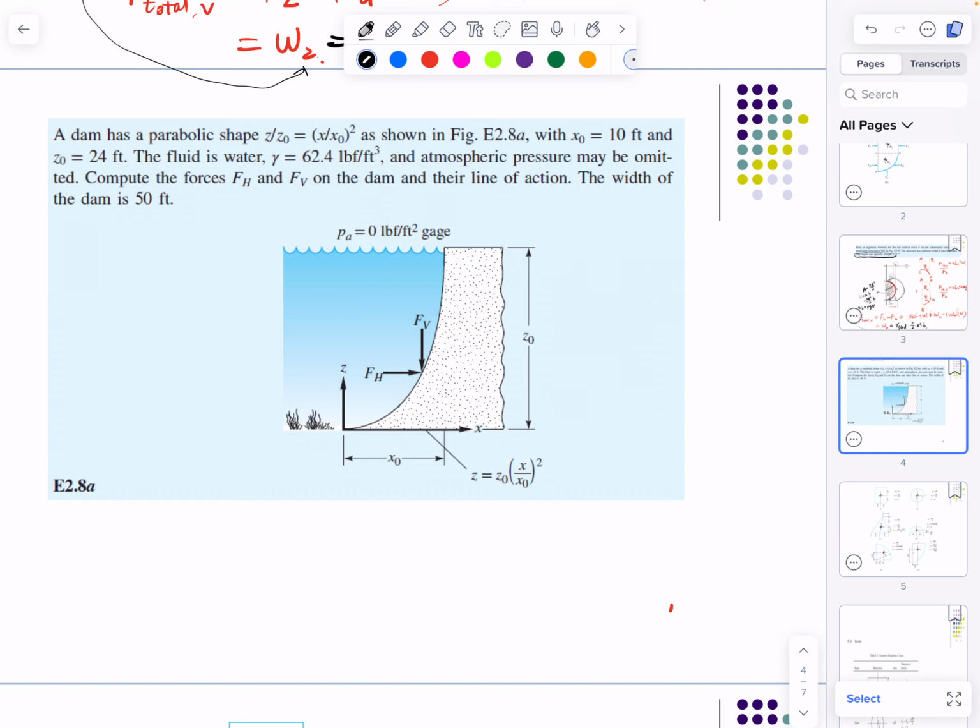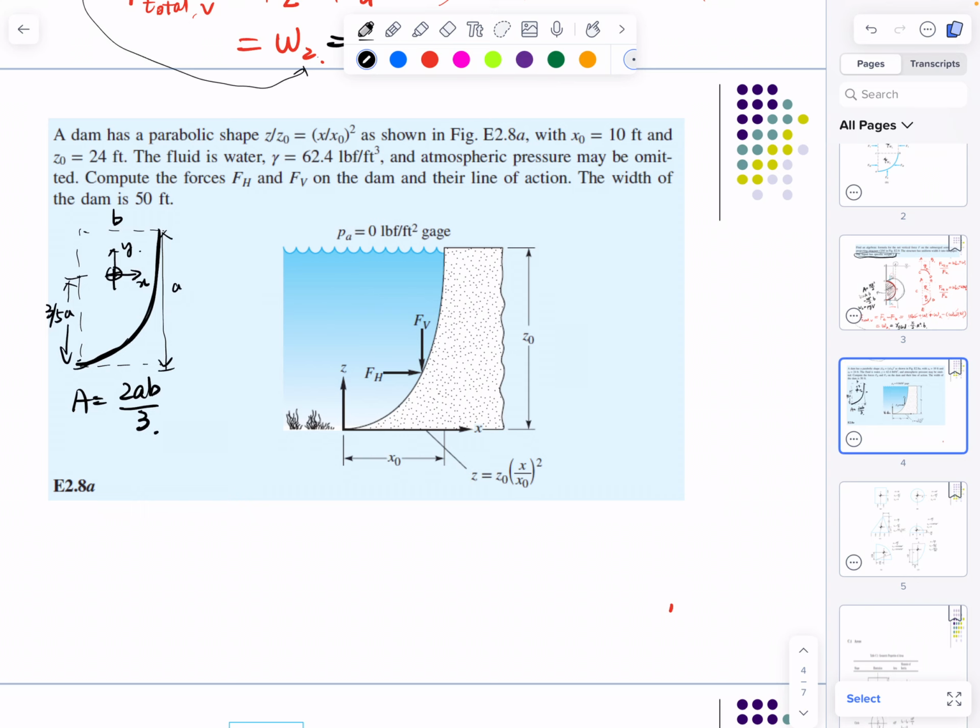For a parabolic shape, what's actually happening is, if here is B, here is X, here is Y, and here is the centroid, this will be 3/5 A. A is here, and the area is defined as A equals 2AB/3.